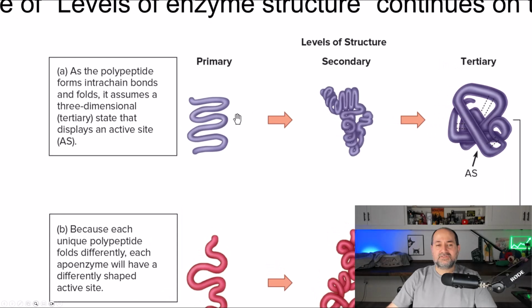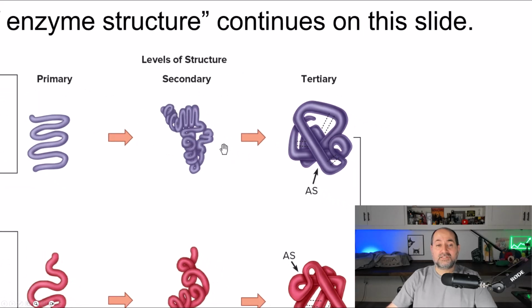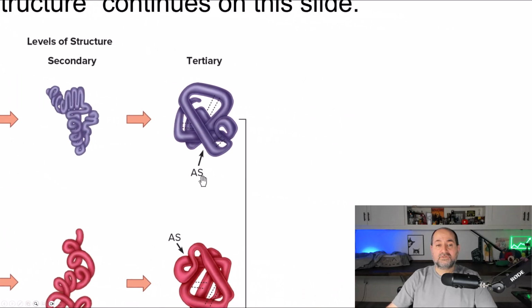So here you can see exactly what I'm talking about. A protein starts out as a long chain of amino acids, which then folds into alpha helices and beta sheets, which are spiral shapes and flat areas, respectively. And then that folds in on itself to form the final folded protein called the tertiary structure. And notice that the final folded protein has a site called the active site.